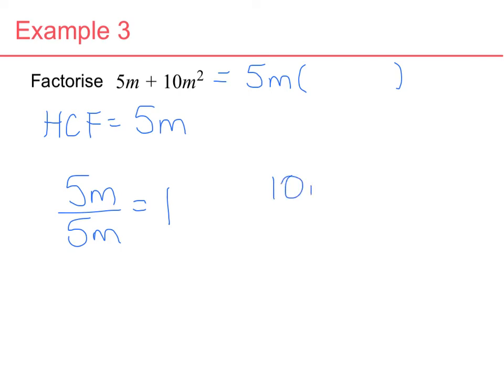And 10m squared, a positive 10m squared, divided by 5m cancels down to leave me with 2m. So when I write those inside the brackets, both my terms are positive, and that's my factorised expression.